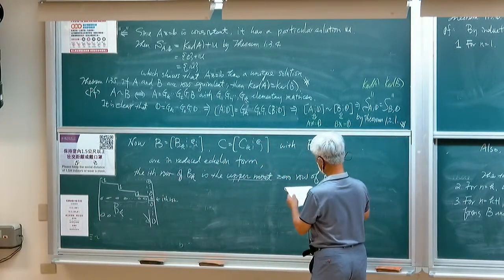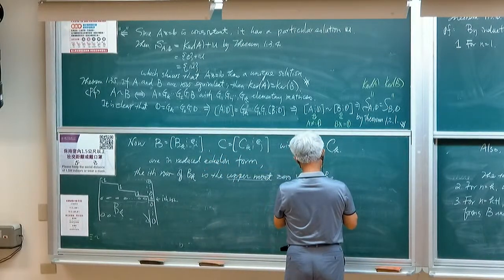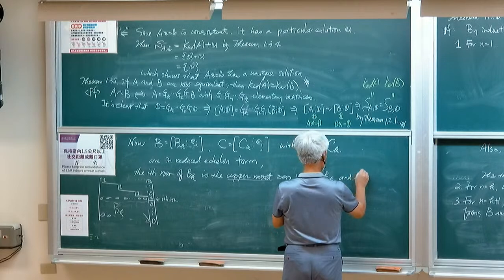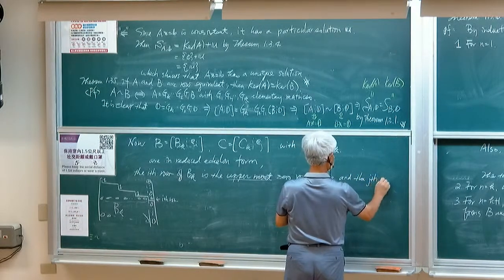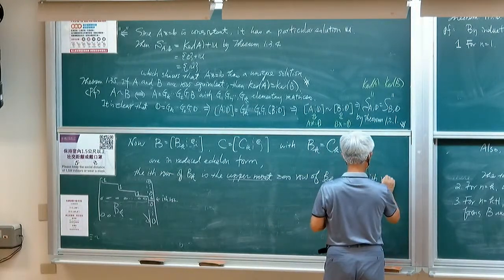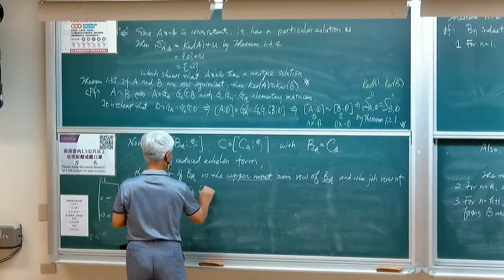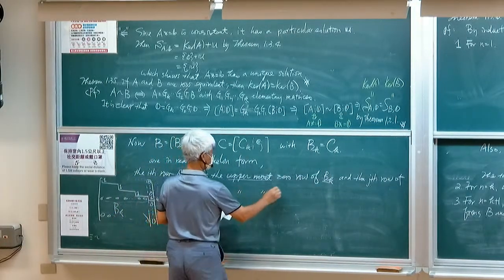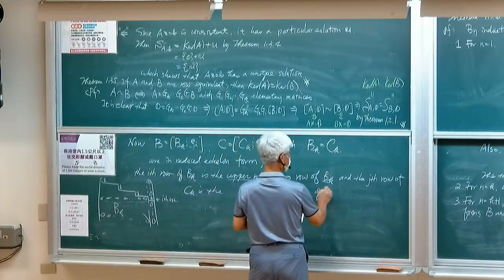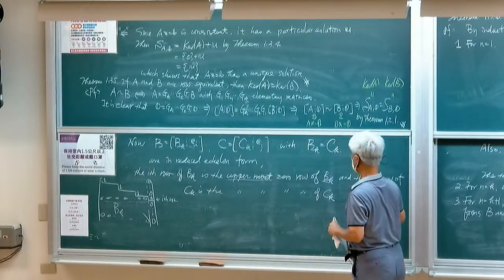This is for this one. And the jth row of C_k, similarly, is the uppermost zero row of C_k.